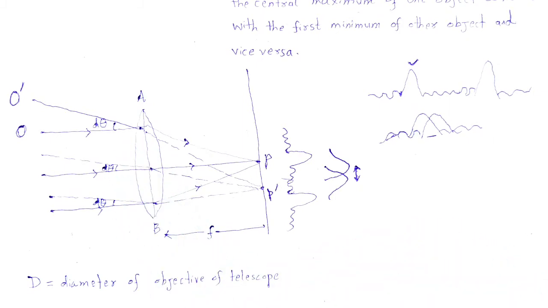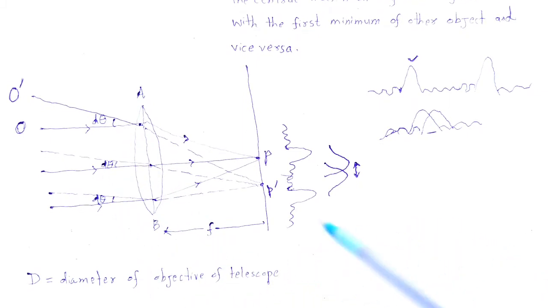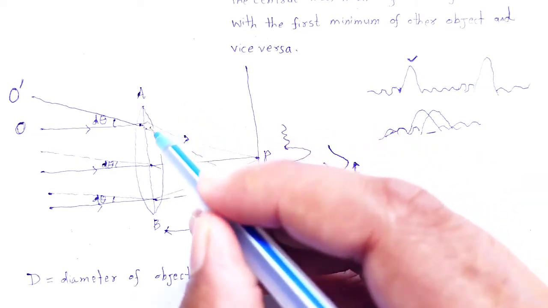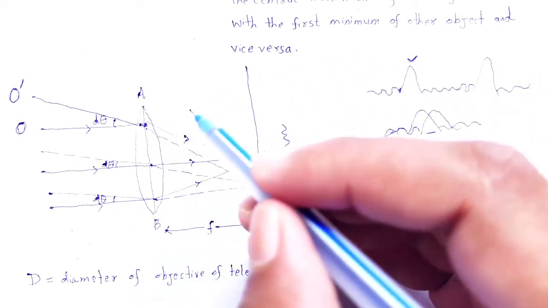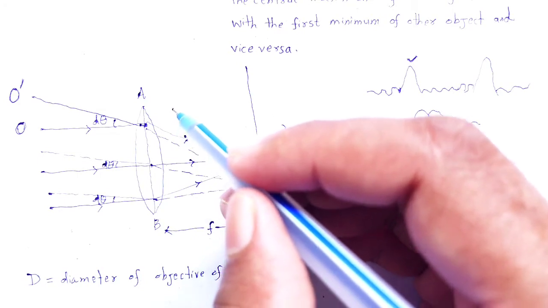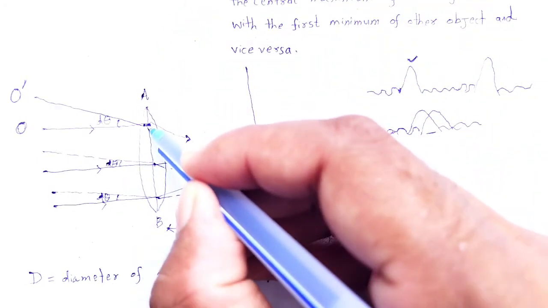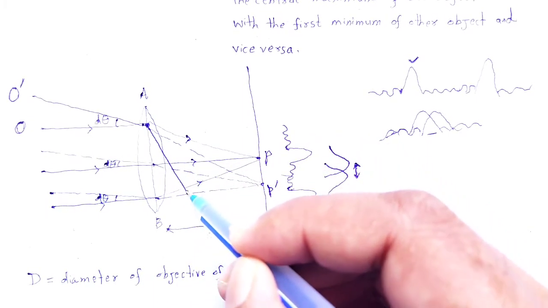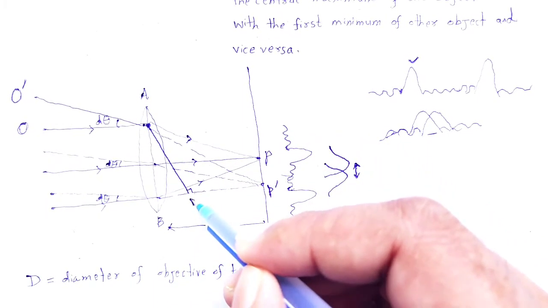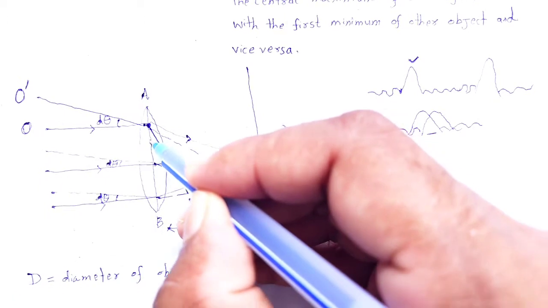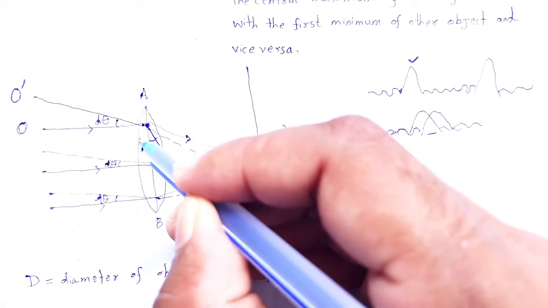Now, we mathematically show the path difference between these two rays. Draw a perpendicular here, here is Bn, and that angle subtended is equal to d theta.